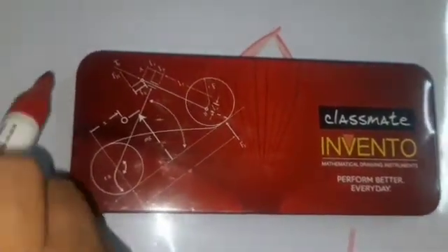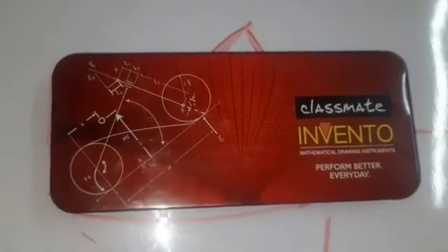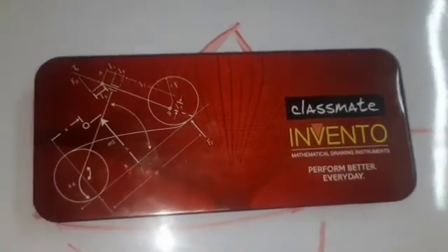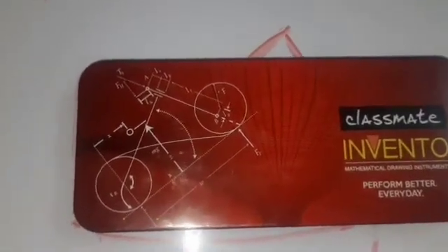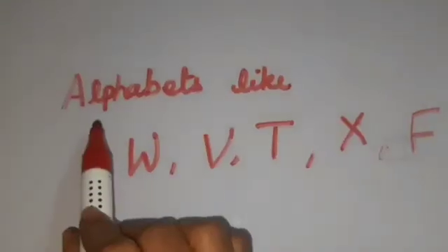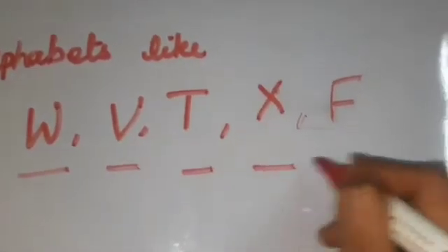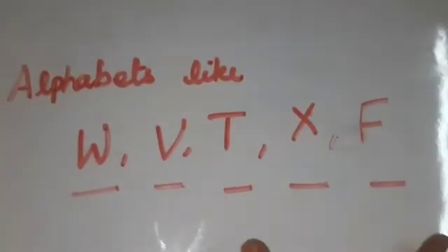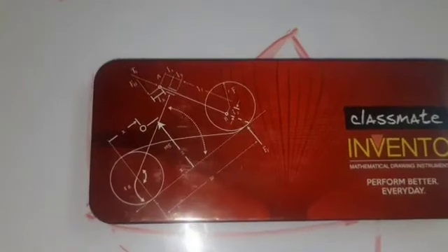See here, this line and this line intersect at a common point here. So this is an example of an angle which you see around you. The alphabets like W, V, T, X, F also form angles. Think and write a few more examples in your note.